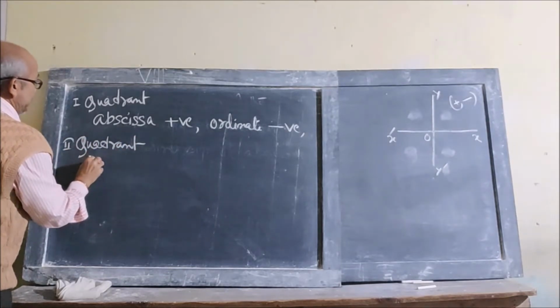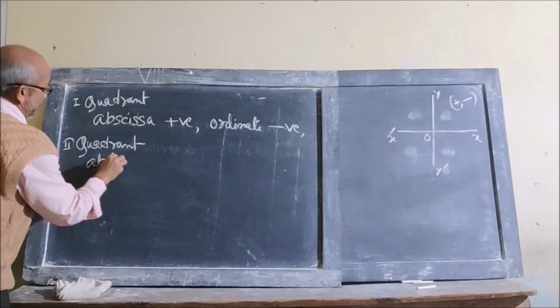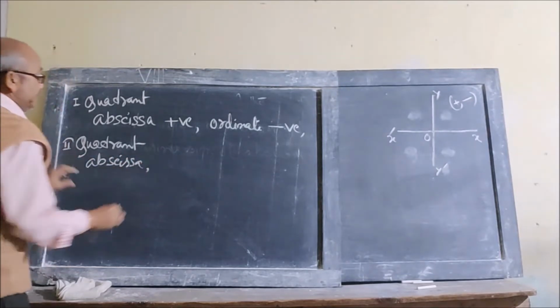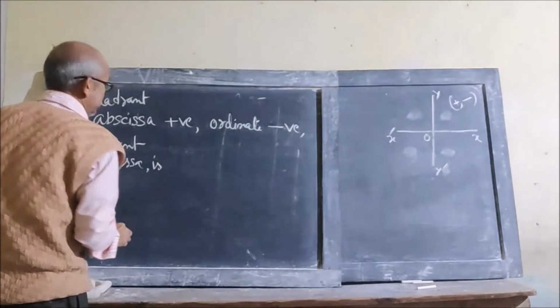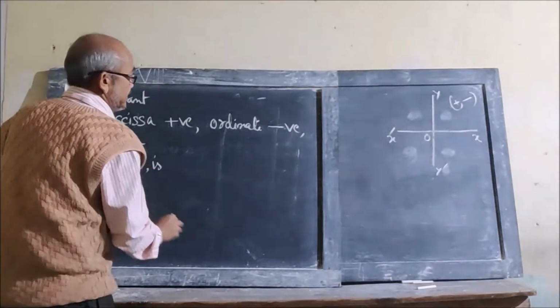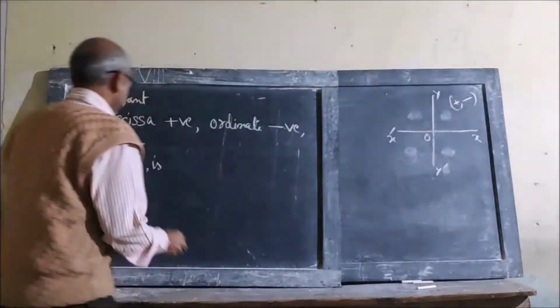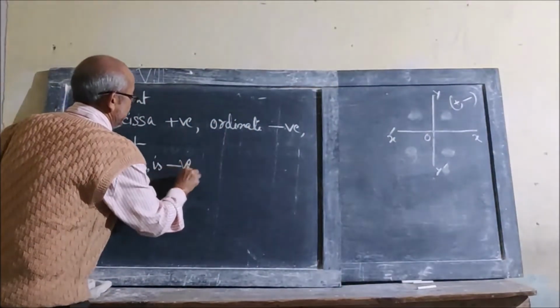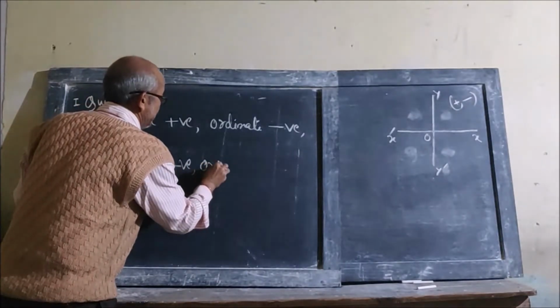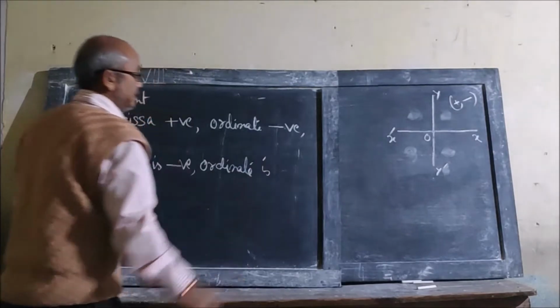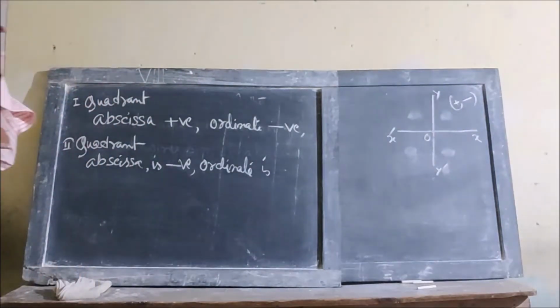For the second quadrant, the abscissa is minus, negative, and the ordinate is positive.